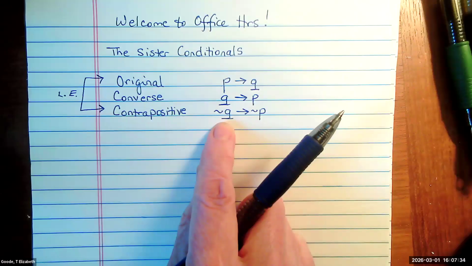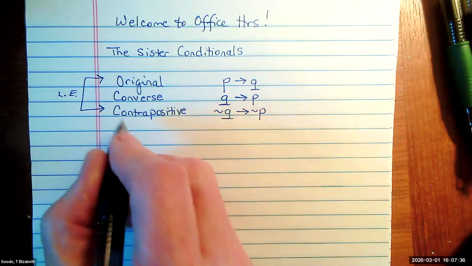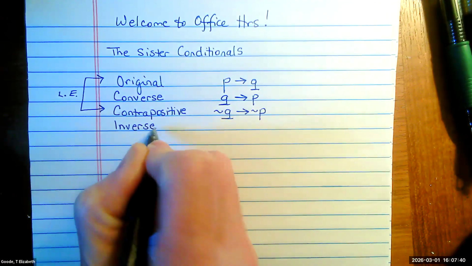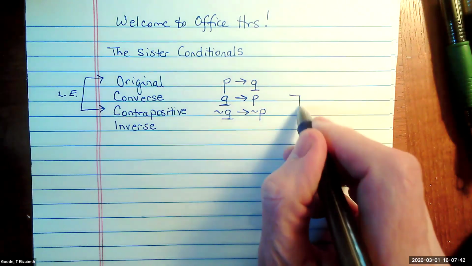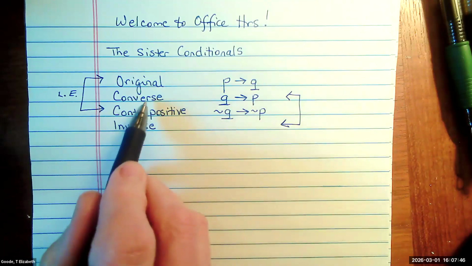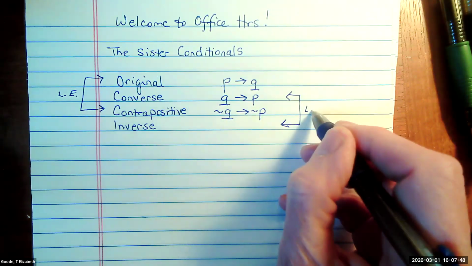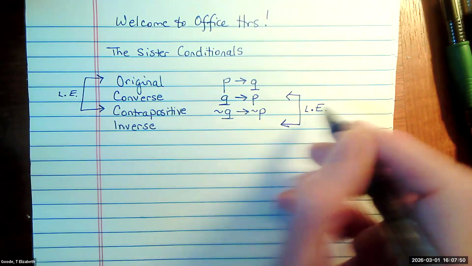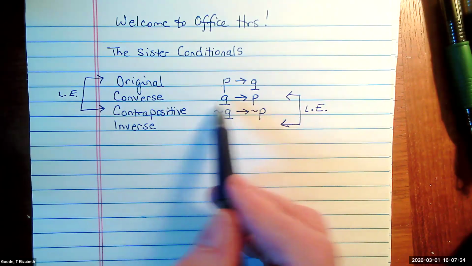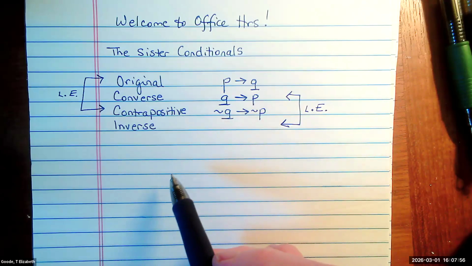Yeah, that makes sense. Good. Now, if you understand that, then you should be able to find the inverse if you remember that the inverse is the contrapositive of the converse. Contrapositives are logically equivalent to one another. So take the converse and do everything you can to switch it around.